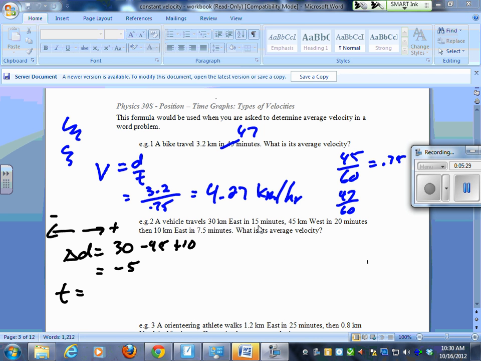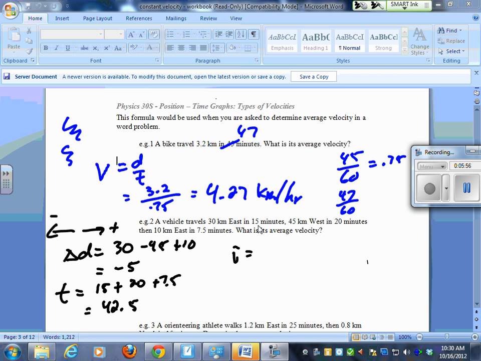So I've got 15 minutes, 20 minutes, 7.5 minutes. And I apologize for the poor writing here, but I have to get this file remade. 42.5. Right? I have to take the total displacement, and I have to get the total time.